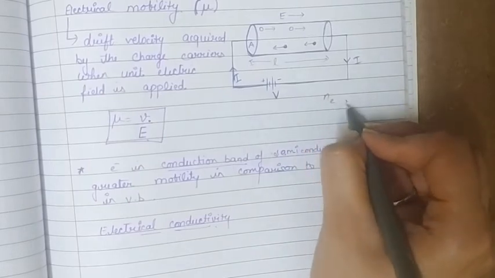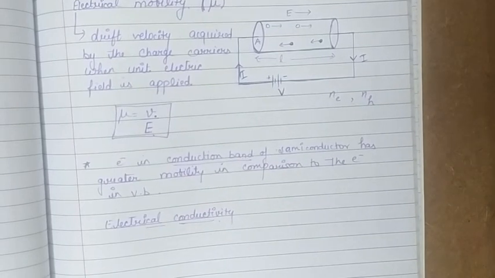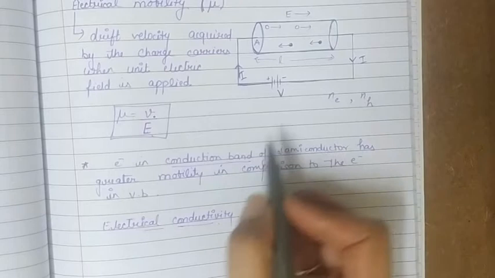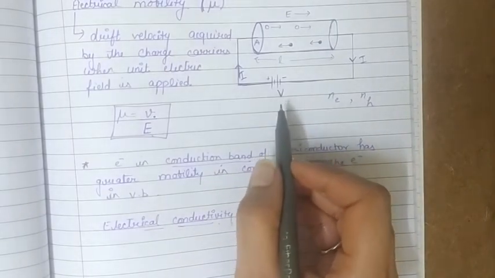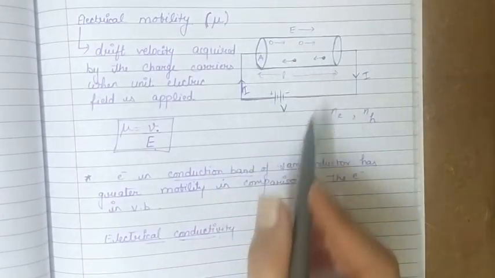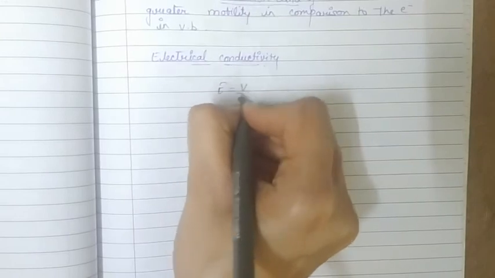Ne is the free electron density and Nh is the hole density present in that semiconductor, and a potential difference of V is applied across its end, then the electric field set up across this conductor can be given as E is equal to V upon L, right?